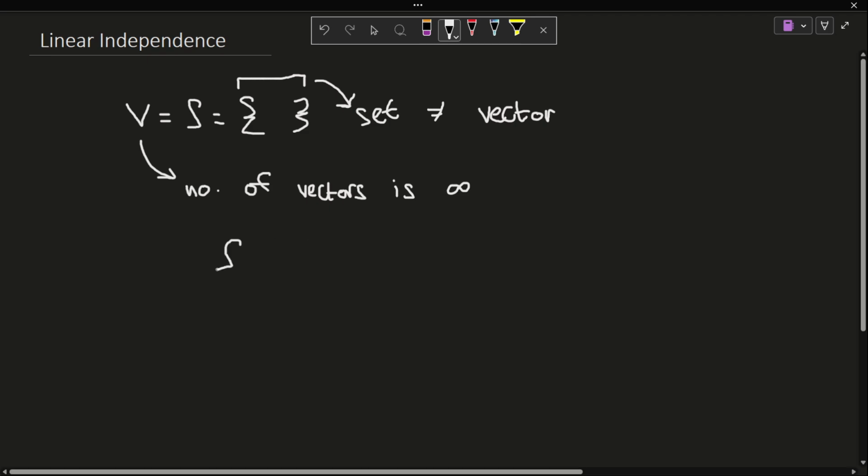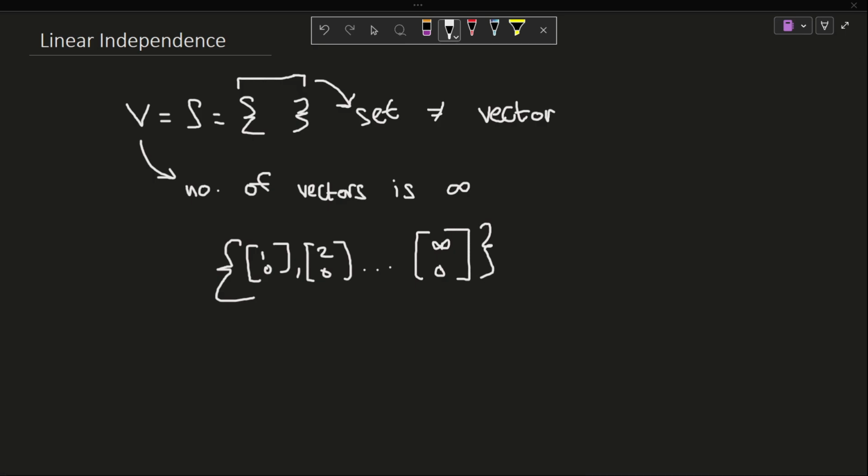We can't have just a collection of vectors like (1, 0) and then (2, 0). We can't do this infinitely until we get to infinity. This will not work because of the vast amount of combinations that you could have with bigger vectors.